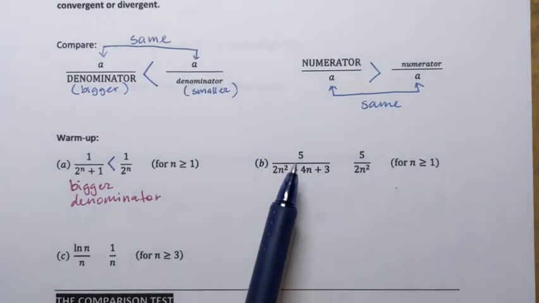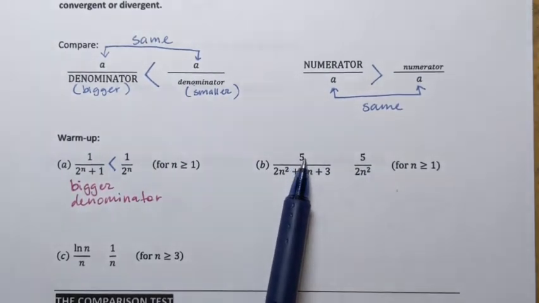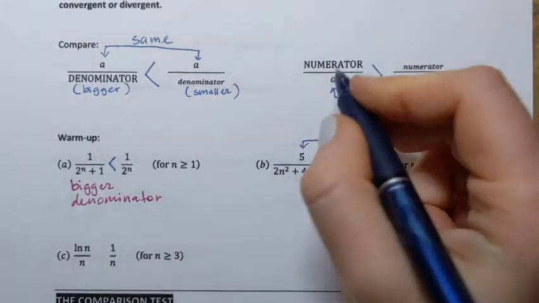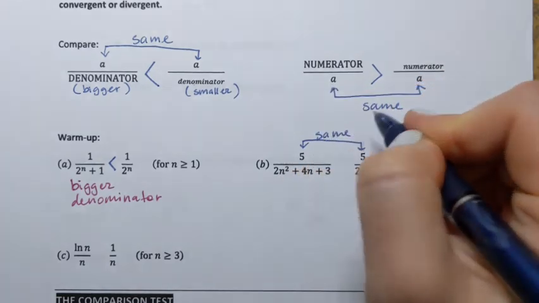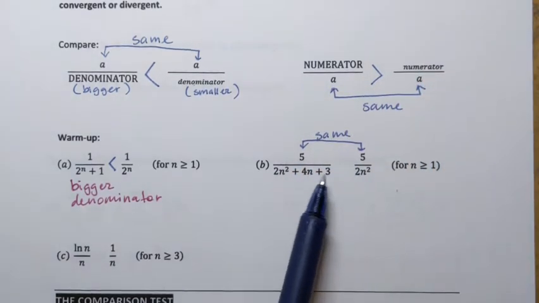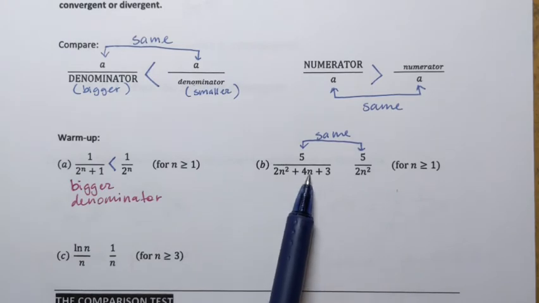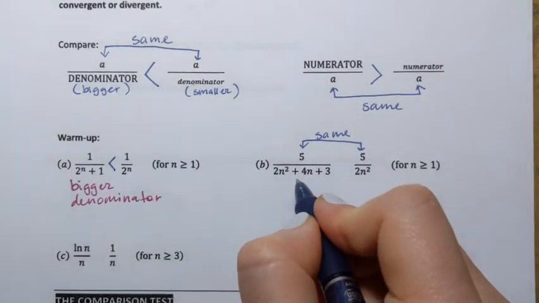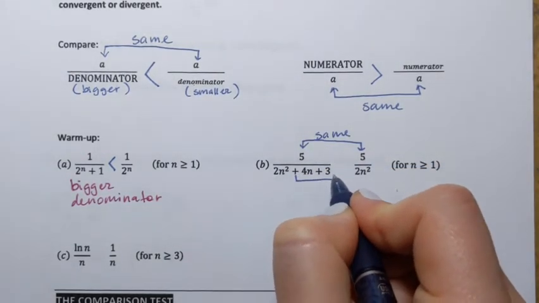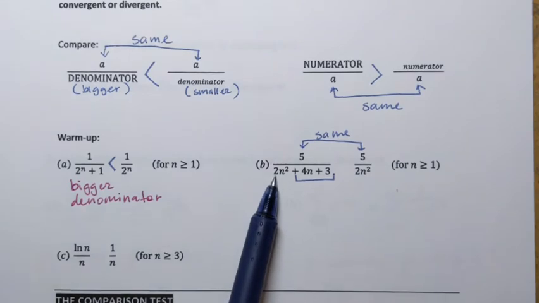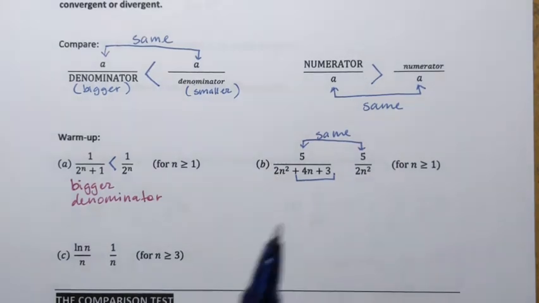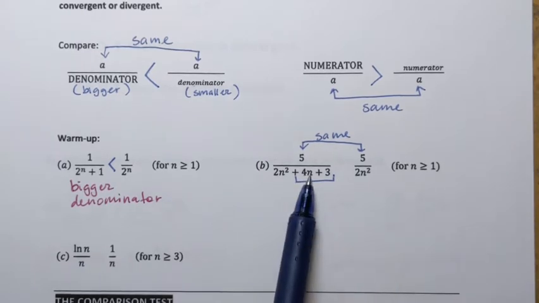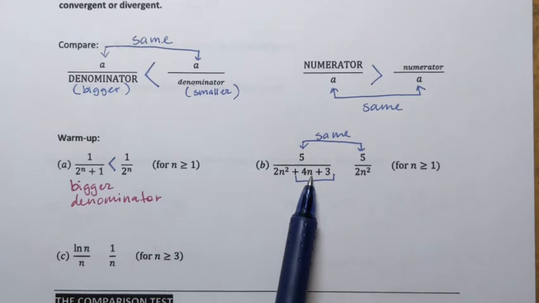How about example B? What can we say about example B? Same numerators, right? And make sure that something is the same, either numerators or denominators. But what can we say about the denominators? Here we have 2n squared plus 4n plus 3, and here we have 2n squared. We can notice how the first denominator has this extra 4n plus 3 added. And since this is all defined for n values that are greater than or equal to 1, we know that quantity is positive, right?